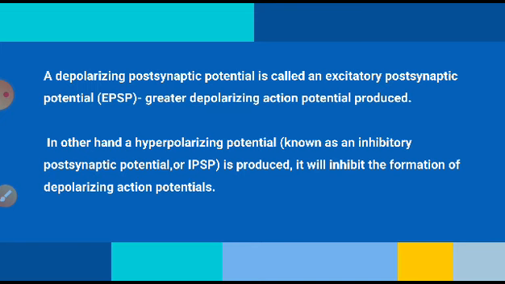On the other hand, a hyperpolarizing potential, which we also call an inhibitory postsynaptic potential, or IPSP, is produced. It will inhibit the formation of a depolarizing action potential. So in one way excitatory potential generates, and in another way inhibitory potential generates. It depends on what kind of neurotransmitters are releasing.